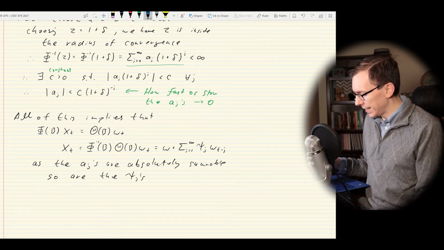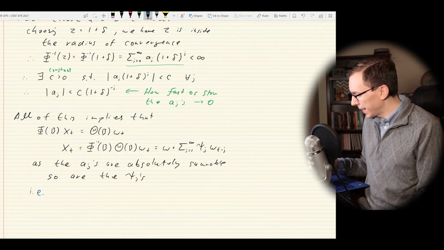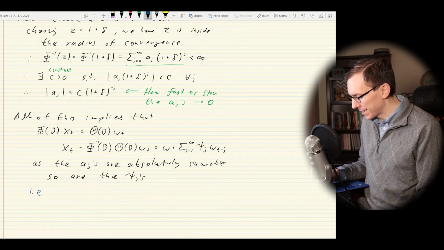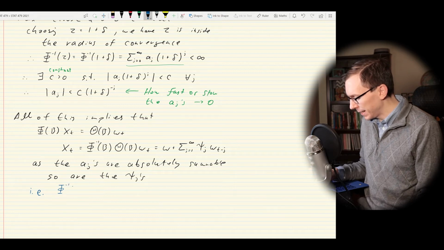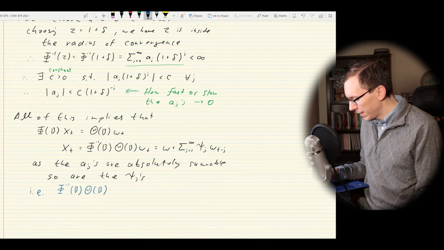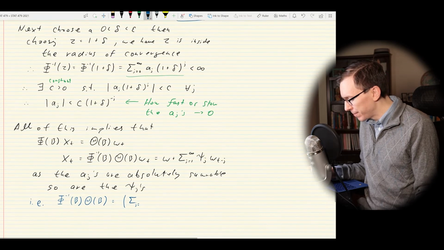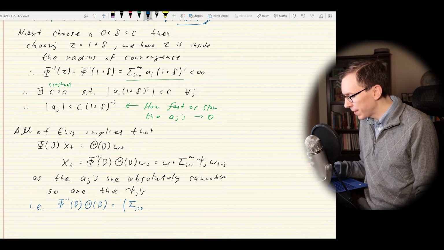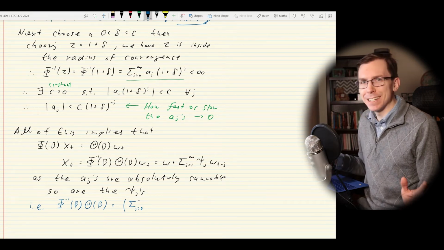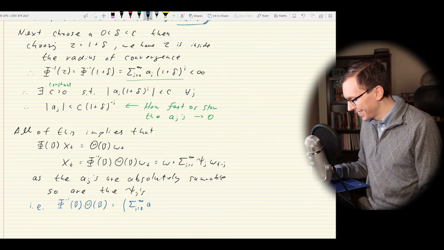So let's write that out just to make sure. We got some time. What we're saying is that if we have something like phi inverse of B theta of B, then we have the product of two sums. We have a sum over j from 0 to infinity, sometimes it's 0, sometimes it's 1, so it's always good to double check.